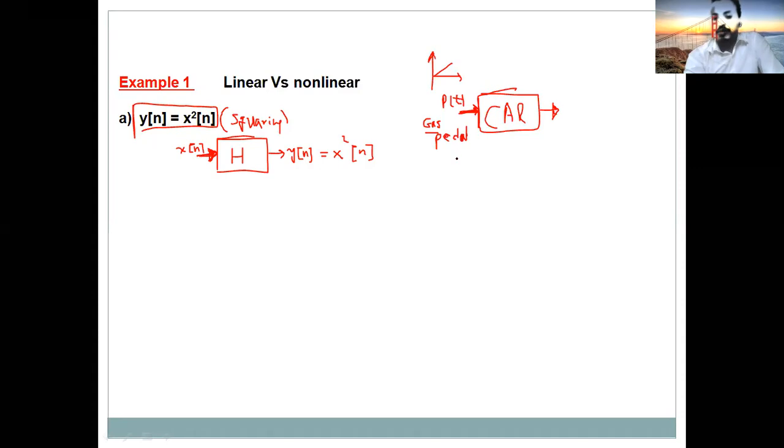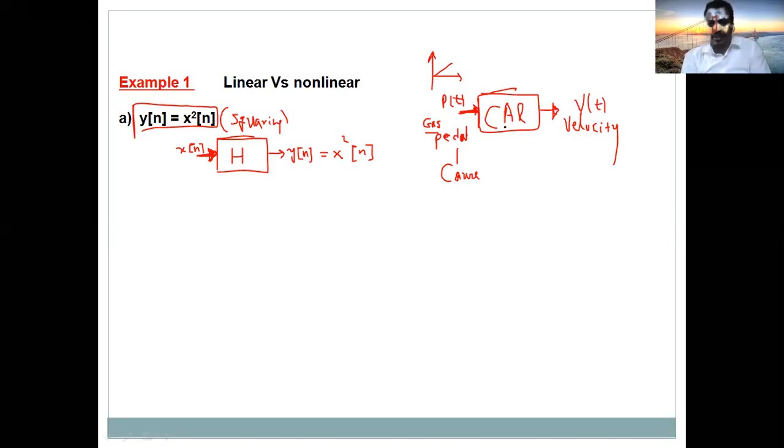This input signal is mostly called the cause. So in signals and systems we call it cause and effect. This car is a system, a connection of different mechanical and electrical systems. When it takes input, the gas pedal, what will be the response of the system? Velocity, the speed of the car increases, right? Velocity, speed as a function of time. So you see, this is how signals and systems are related.